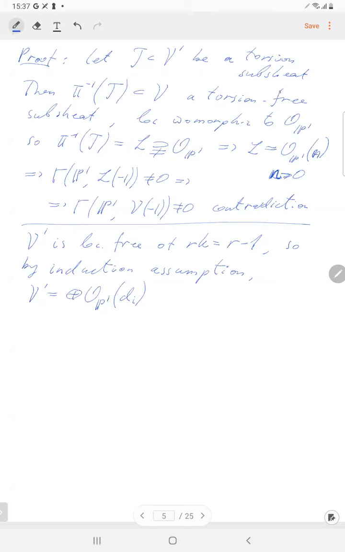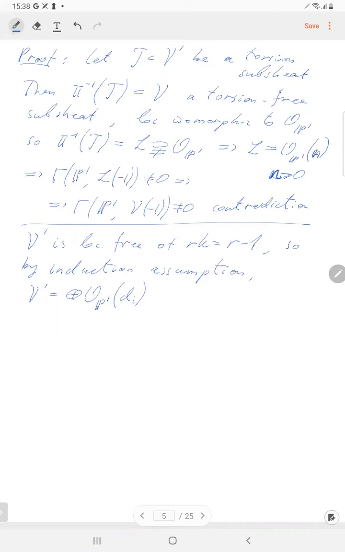Okay. Can I ask how we see that the torsion subsheaf is 0 in the proof? Well, assume there is some torsion. Then its preimage must be an invertible sheaf. The preimage lies in V. V is torsion free, right? So any subsheaf in V is also torsion free.